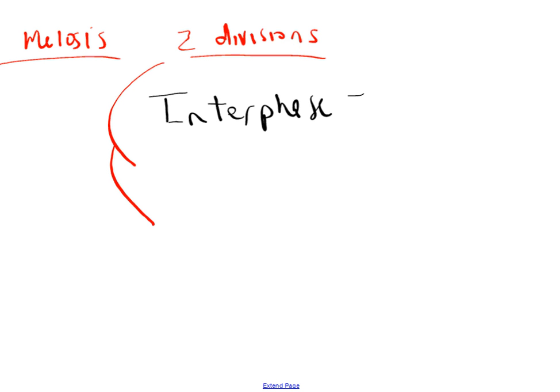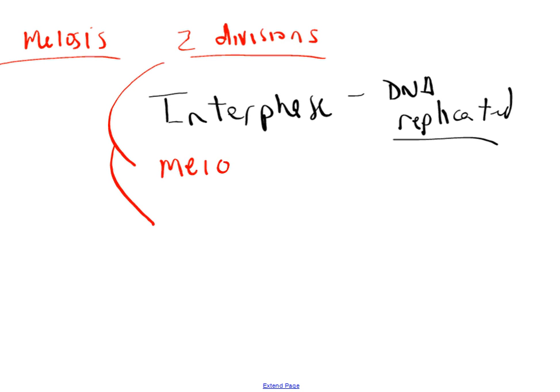During interphase, however, the DNA is going to be replicated, so it's very important. What I mean by replicated, I don't mean cut in half, I mean doubled. It's going to make a copy of itself. All right, the first division is called meiosis 1, and the second division is called meiosis 2. Pretty easy to remember.